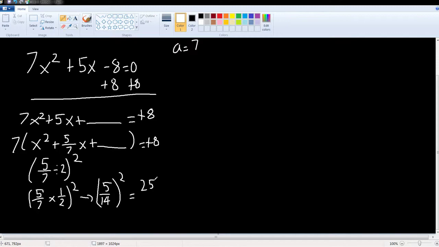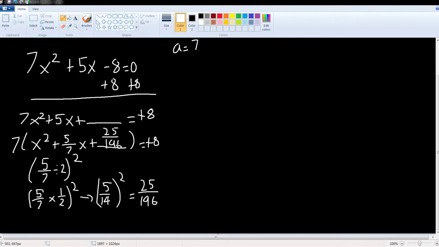We get 25 over 14 squared. 14 squared is 140, 40, 64, I believe it's 204, right? Let me double check with the calculator. Nope, I am incorrect. So 14 times 14 is actually 196. So we'll get 25 over 196.